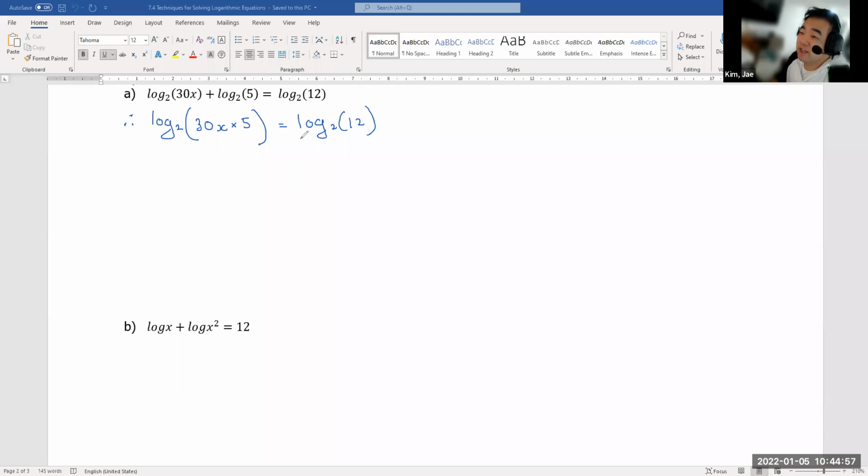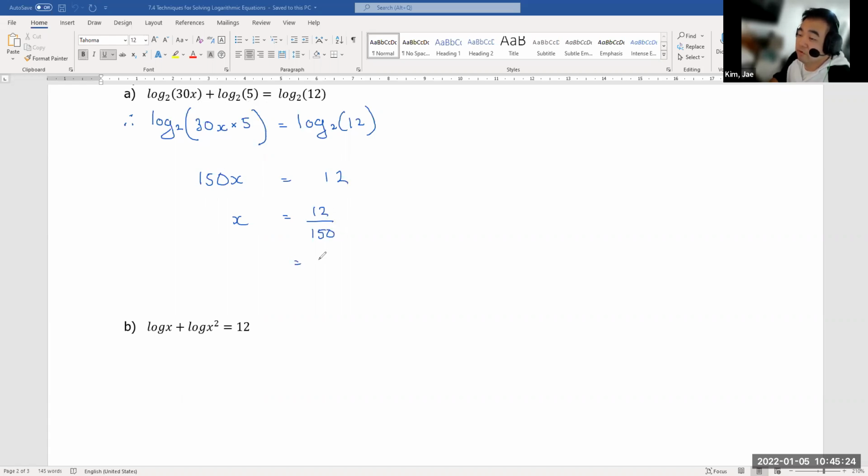Because I saw that they have the same base, I figured, hey, if I make the left side equal to a single logarithm, then I can argue that the input inside the logarithm, 150x, is going to be equal 12. And that's the end of the question.